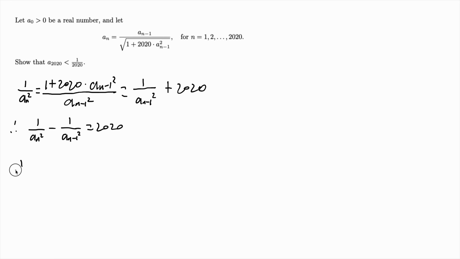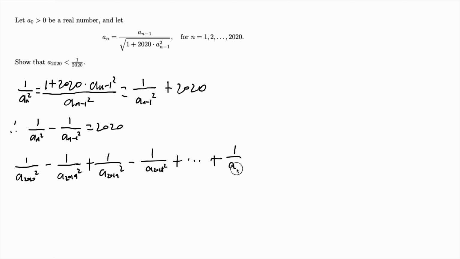So we have the sum, plus 1 over a sub 1 squared minus 1 over a sub 0 squared.